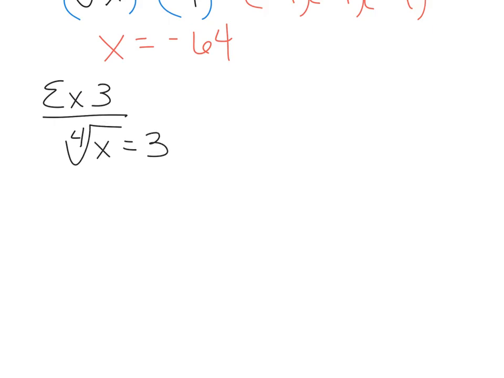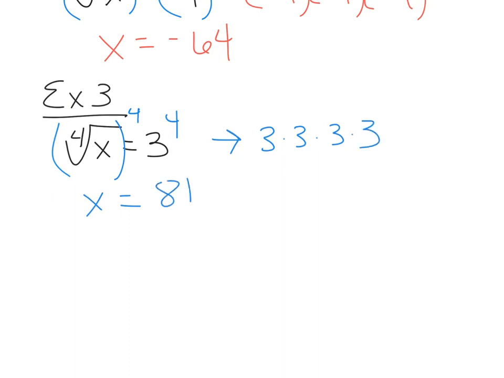We're going to use the exponent that matches the index, and that exponent and that radical cancel each other, and we have x equals 3 to the 4th power. 3 times 3 times 3 times 3 is 81. When we check it, we put that 81 back in there. Is the fourth root of 81 equal to 3? Yes, it is. So we're okay with that.